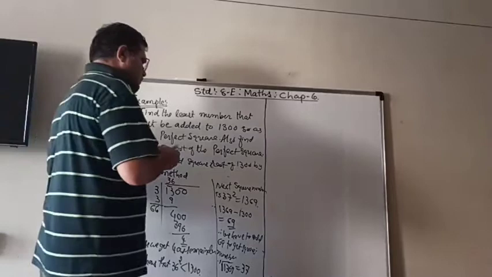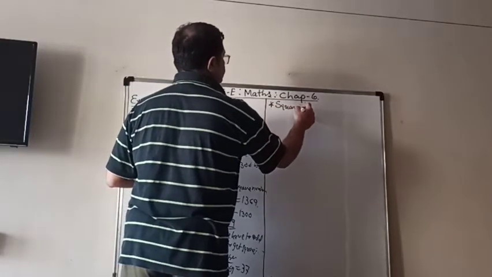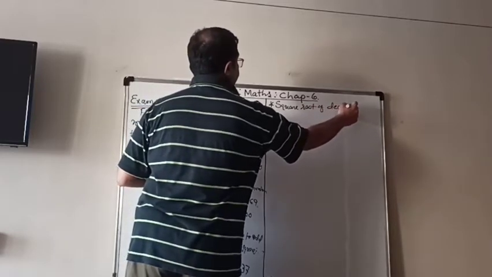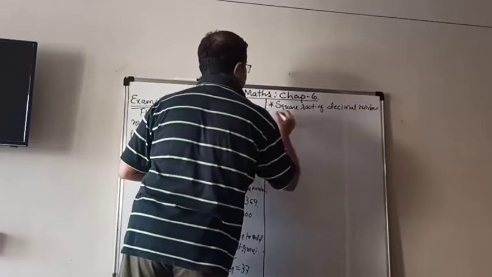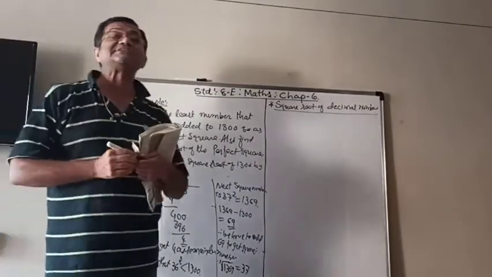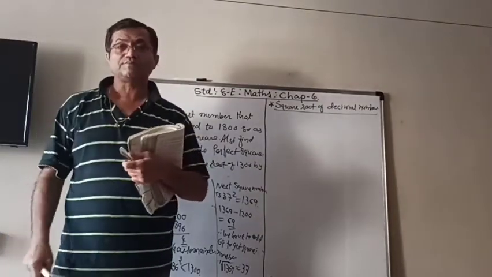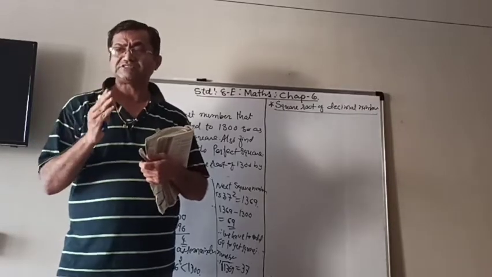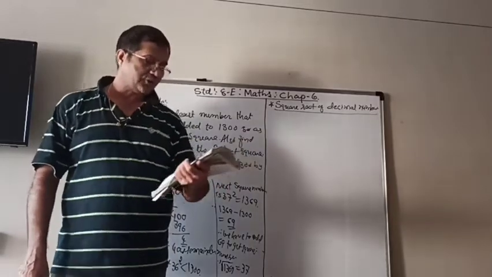Now we have to learn a new thing, that is the square root of decimal numbers. It means that when the number is a perfect square but it is in the form of a decimal number, having the decimal point in it. We have to do the same method, but while making the pairs, we have to be careful.